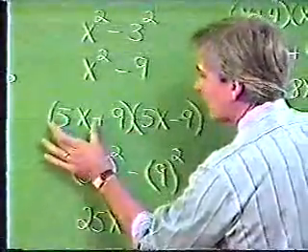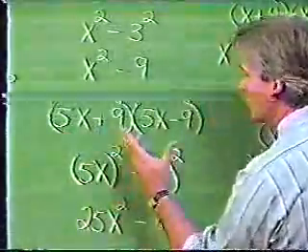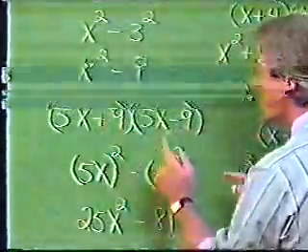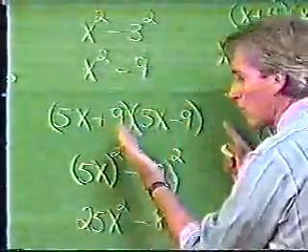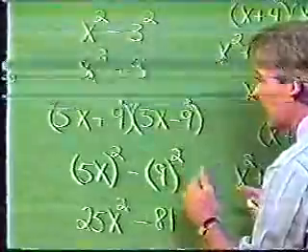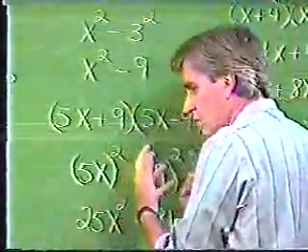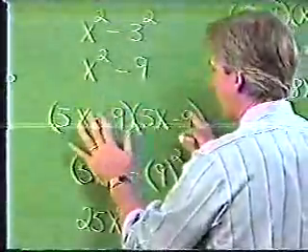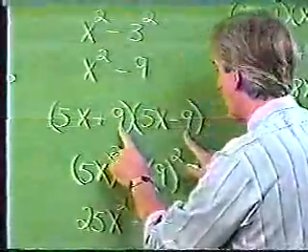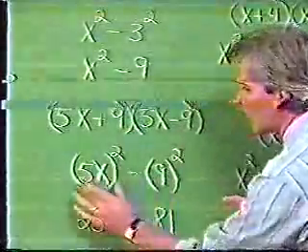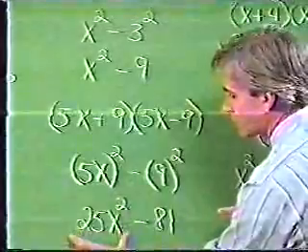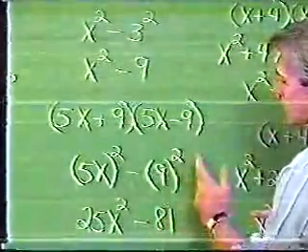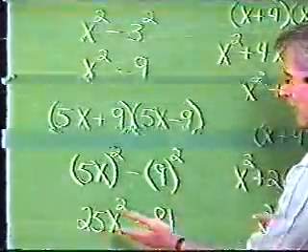We think first term squared minus, because plus times minus, the second term, pick either one, squared. Now when I say the second term, I'm thinking of it without regard to sign. The second digit is what I probably should say here. But at any rate, it's 5x quantity squared, which is 25x squared, and the 9 squared gives us 81. So 25x squared minus 81.